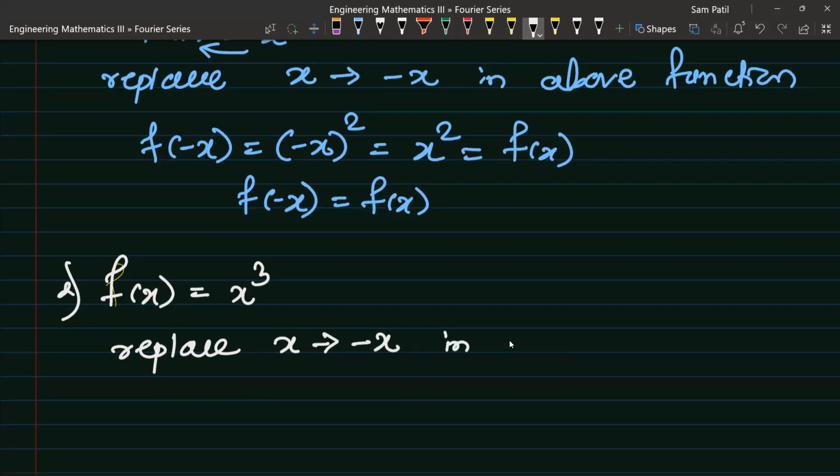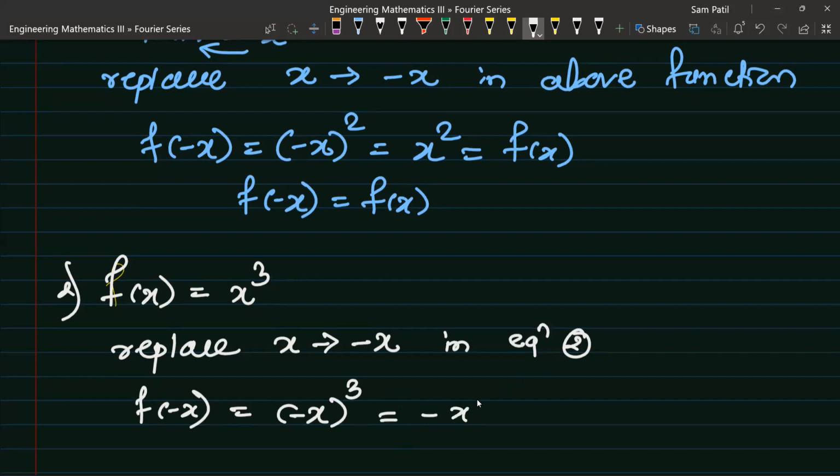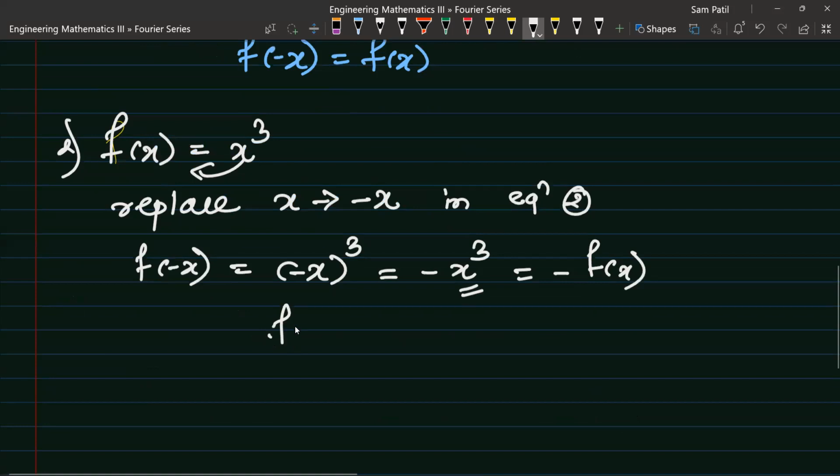This is the same as minus of x³, and x³ is nothing but our original function f(x). Am I right? So what I get here is f(−x) is equal to what?